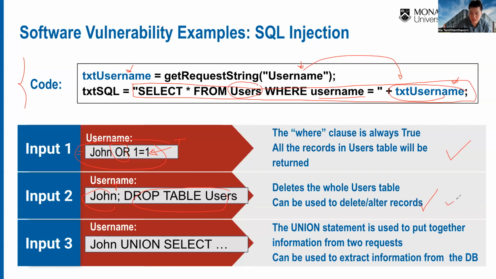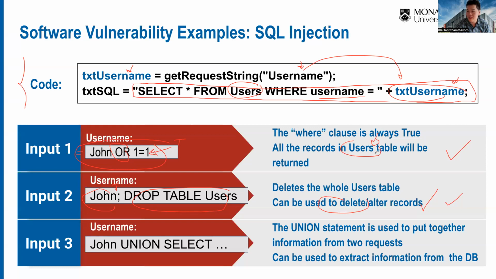So that's how, if you want to delete the whole database, you can try this. And let's say it's not just looking at how many users are in the table or dropping the users table.